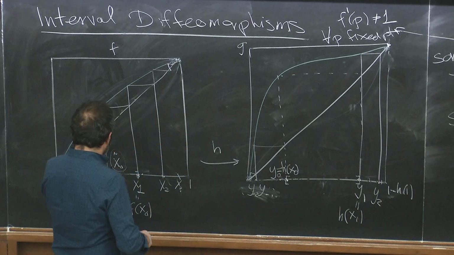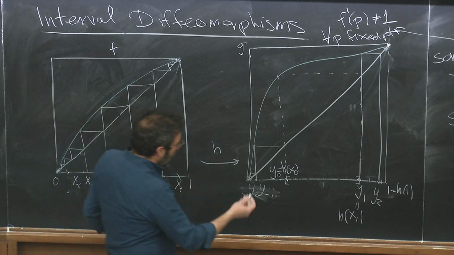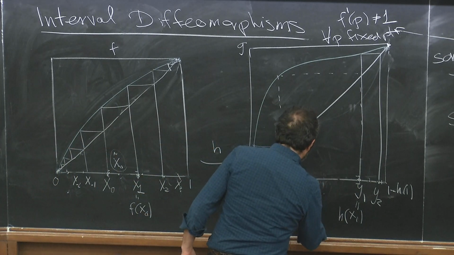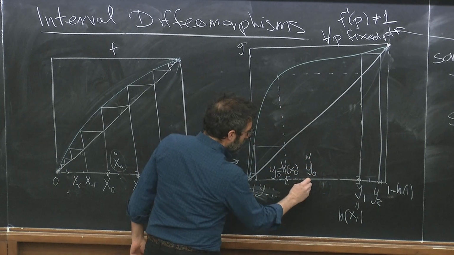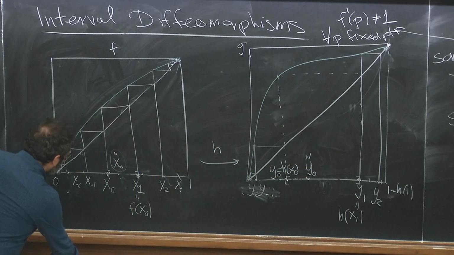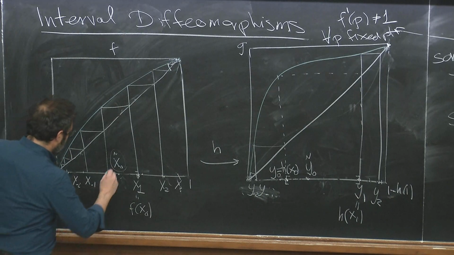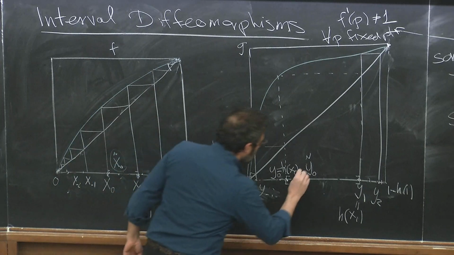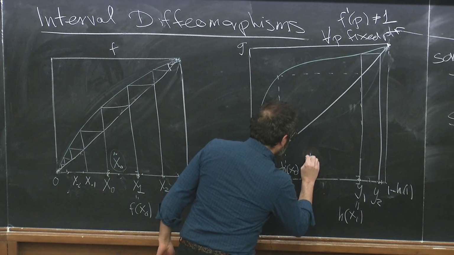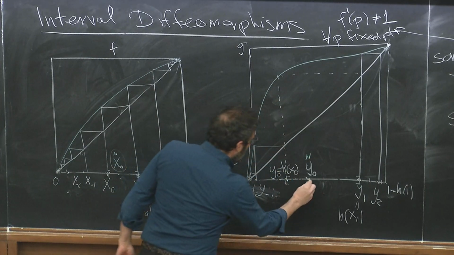So suppose that I just choose an arbitrary point here, and I map it to some arbitrary point here, y0 tilde. Let me use a different color for this. So let's take x0 tilde, y0 tilde.